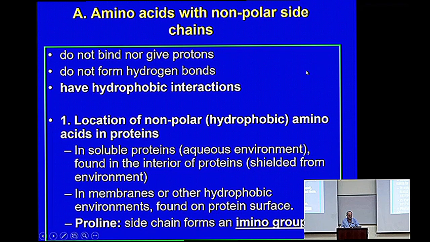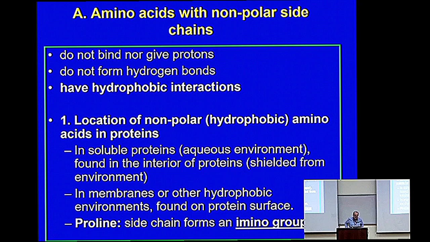Okay, so the important things about these nonpolar side chains is first, because they're nonpolar, they can't give off protons and cannot accept protons. And because of that, they cannot interact with an aqueous environment, and that means they cannot form hydrogen bonds.